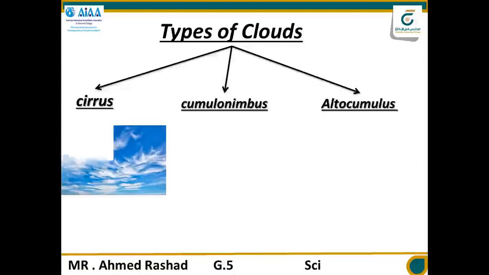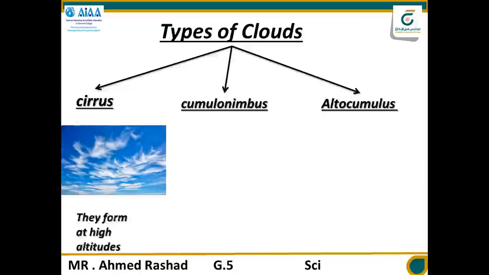Cirrus, number one, is found at high latitudes. What's the meaning of latitude? At high elevation in the atmosphere. It does not contain any rain or water drops, and it is found high up. So the highest one is the cirrus.